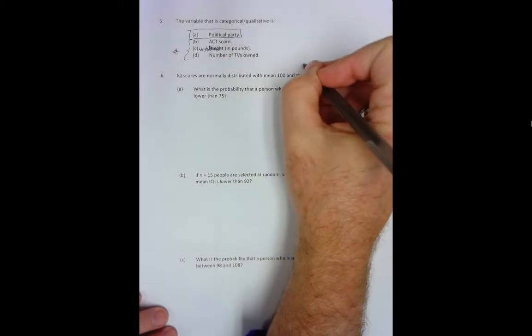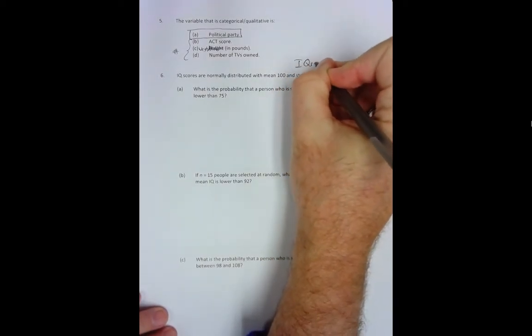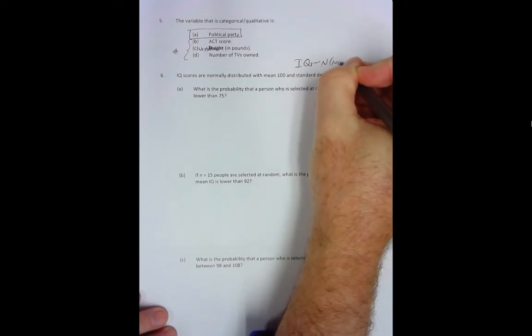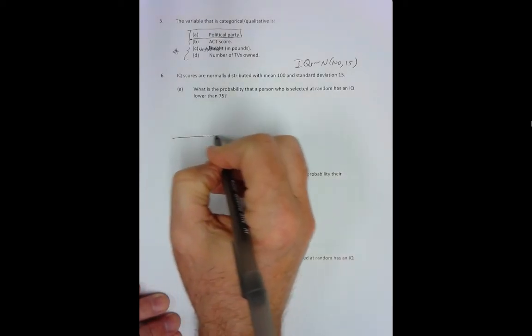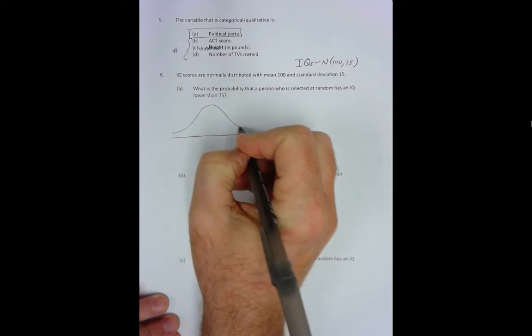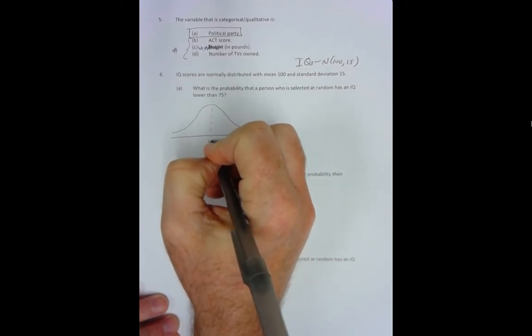All right, number 6, IQ scores are normally distributed with a mean of 100, standard deviation of 15. So we can say that IQs are a normal distribution, 100, 15. What is the probability that a person who is selected at random has an IQ lower than 75? So guys, what we're doing here, we have 100 in the middle.